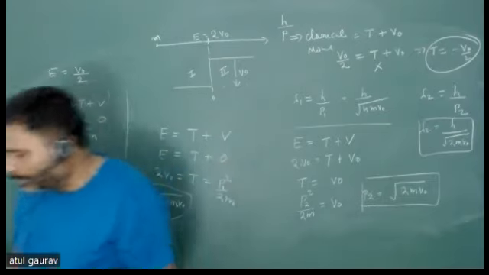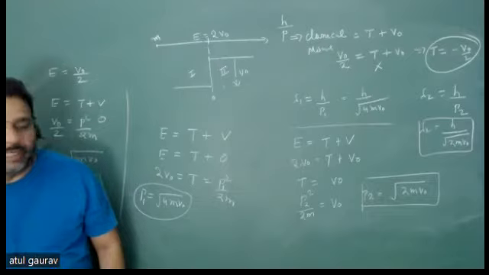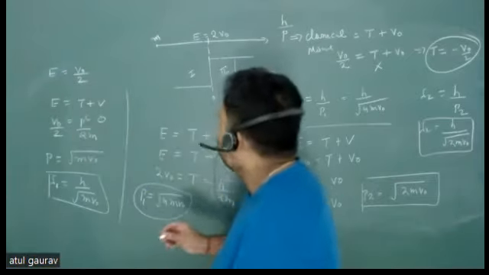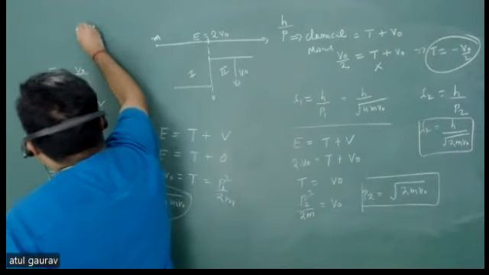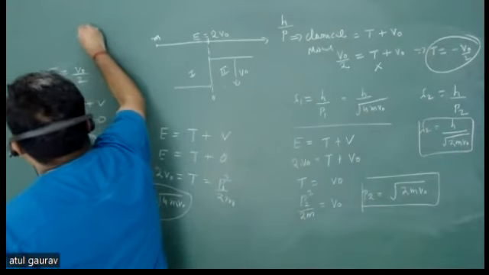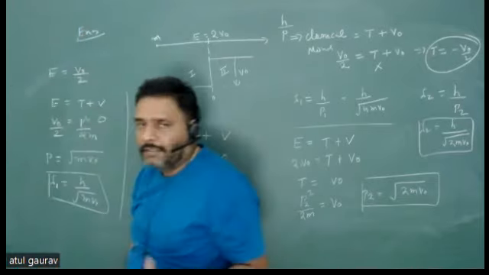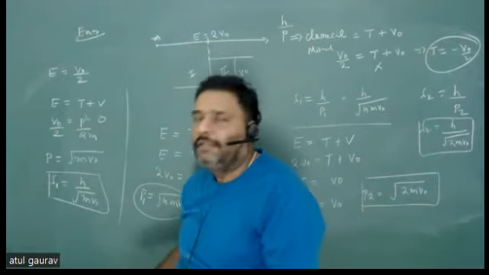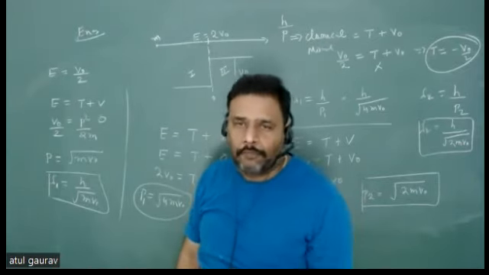And one more thing, it is also very important. You have to always keep in mind, this is very interesting. When your energy is in terms of electron volt or volt, you will use the classical result of momentum.